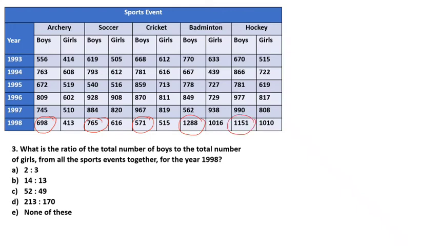So what is the total number of boys? You can add these: 8, 7, 15, 13, 14, 22 and 23.